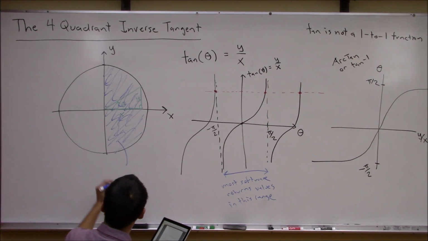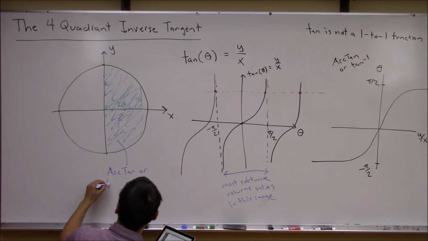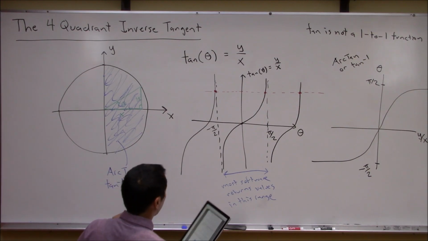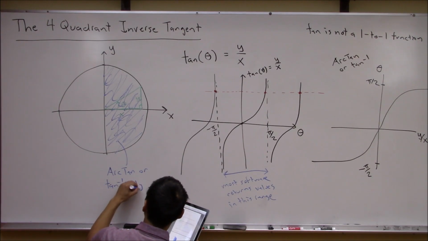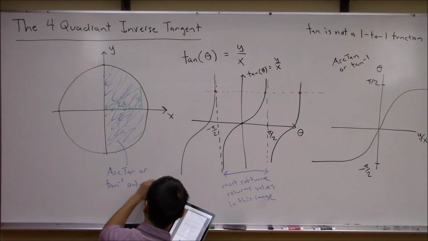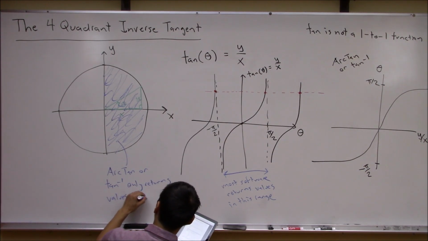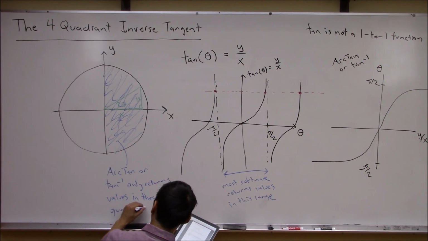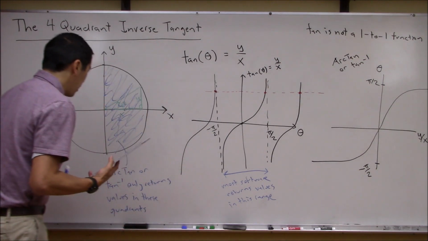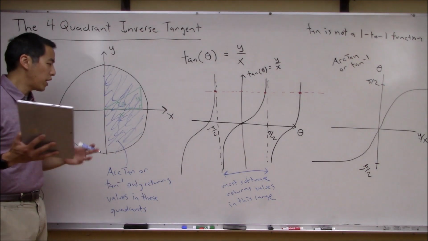What's interesting is that this arctangent, or the inverse tangent, whatever you want to call it, that function that looks up just this section, only returns values in these quadrants, right? And this can cause a problem because in some situations you might get quote-unquote incorrect results.